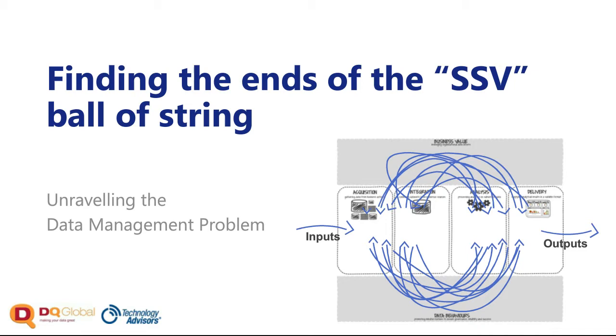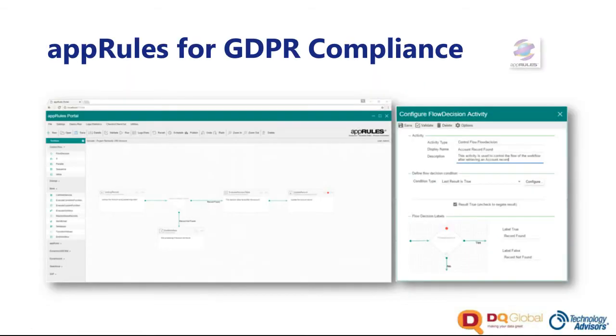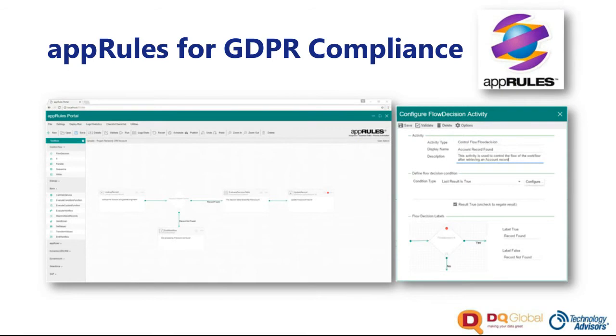so that we can deal with our GDPR challenges. Now to do that, we would utilize our technology called appRules. This is a low-code solution. It's cloud or on-premise. Data, according to GDPR, it can be encrypted during data transfer. It can manage your data retention policies. It does validity assessment. We can manage consent requests.